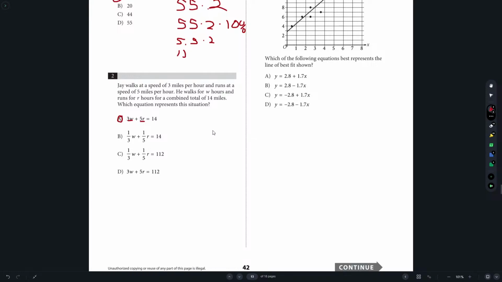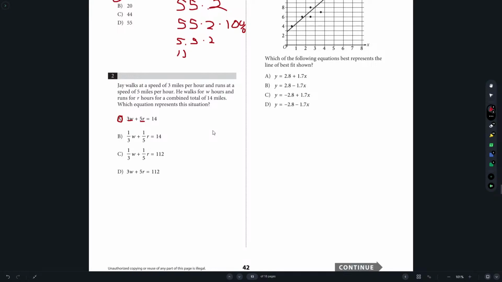Now, if this was a systems of equation question, we would also be given the total amount of time spent. Let me see. 14 miles is correct. Yeah, we would just have to be given something else.